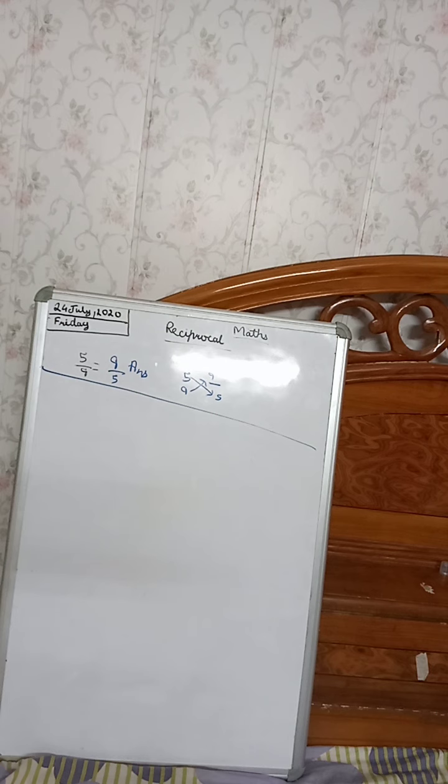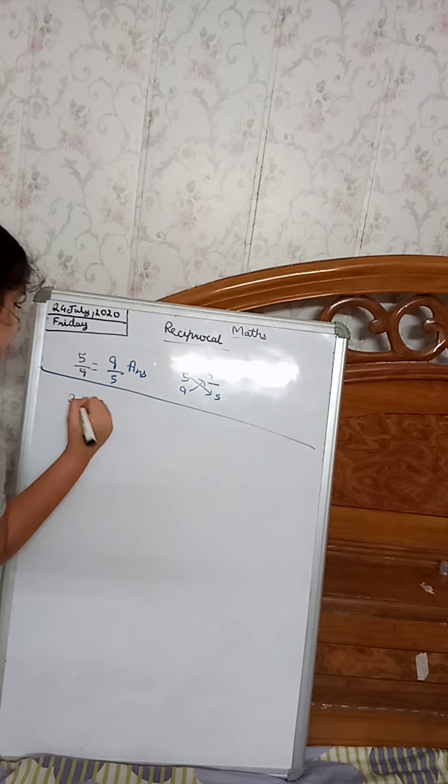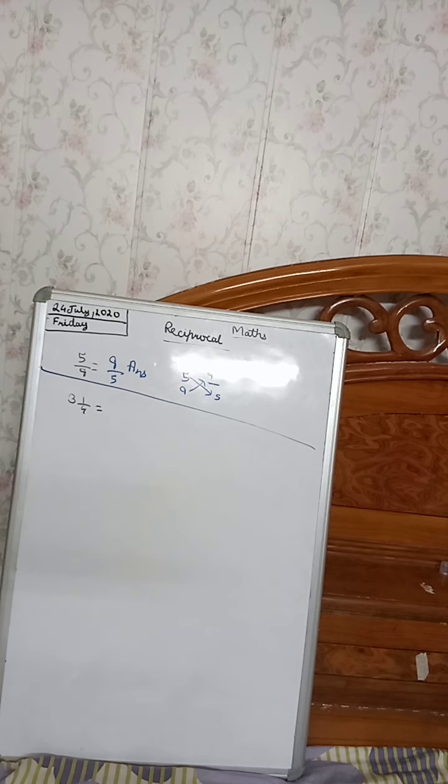So the mixed fraction that we have to convert into a reciprocal is 3 1 by 4. We can't convert a mixed fraction directly into a reciprocal. First we have to convert it into an improper fraction.